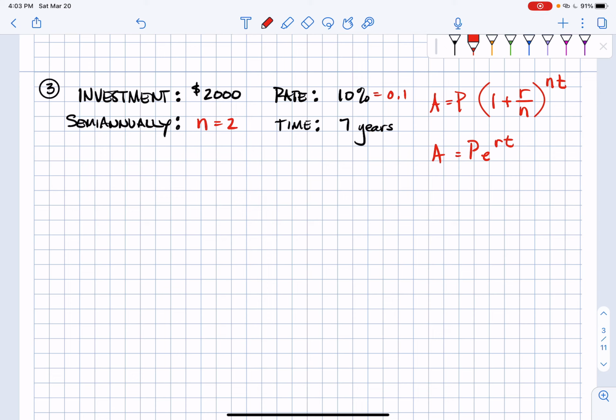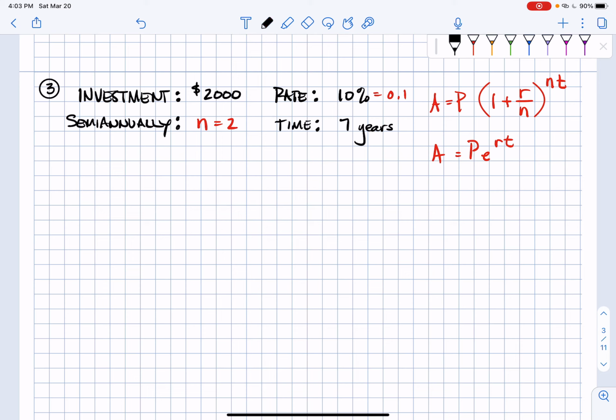So because there is an n here, that means I will use the first investment formula rather than the second. The second, because it's an e, means that it's compounded continuously. Okay, so you don't really know, it just keeps on going. All right, kind of like our student loans.